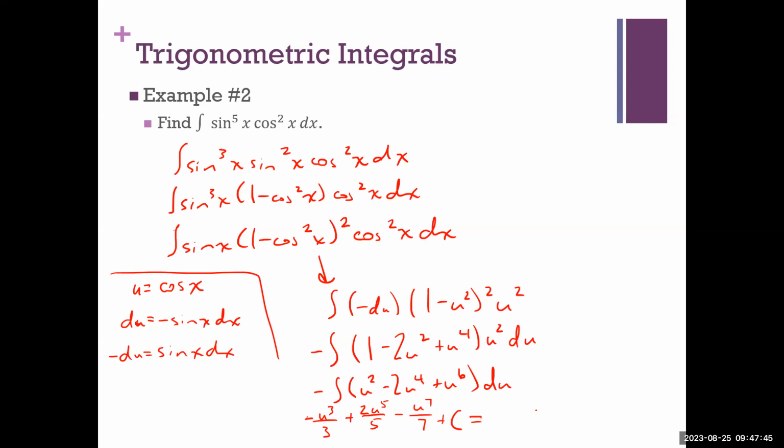And what should I drop in now? What should I do to finish? Right, so negative cosine cubed x over 3 plus 2 cosine to the 5th x over 5 minus cosine to the 7th x over 7. Oh, it's terrible. Plus C.